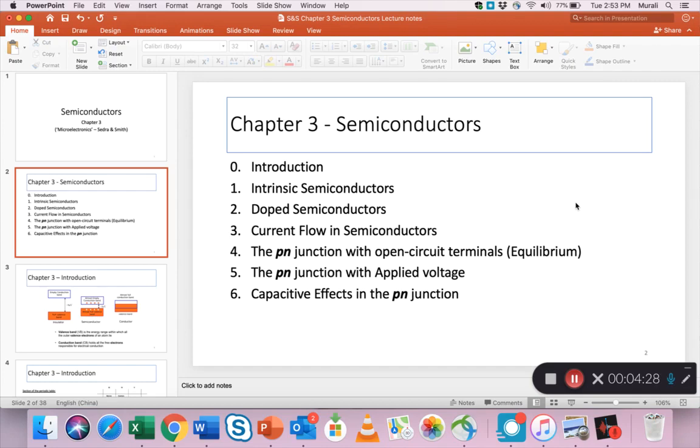So one thing I did want to emphasize is that we will be looking at semiconductor behavior or semiconductor physics in a very elementary way. I am certainly not going into a lot of detail.